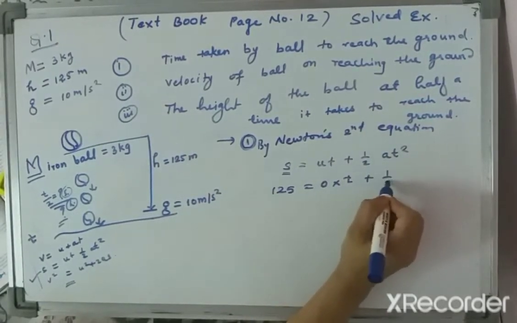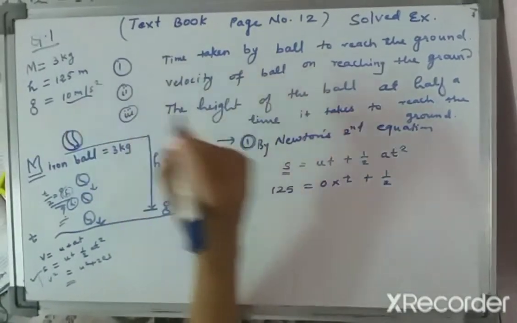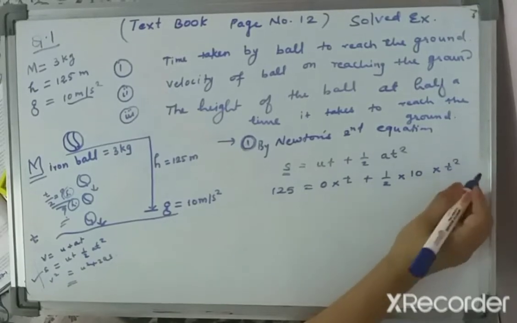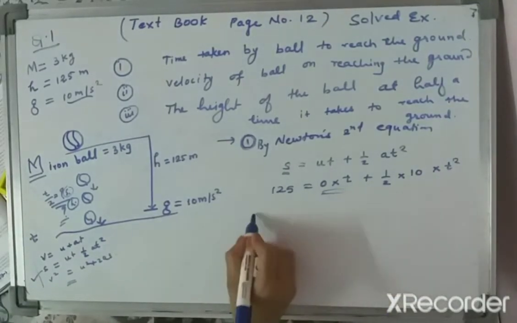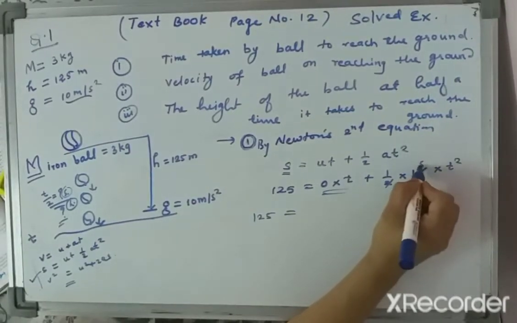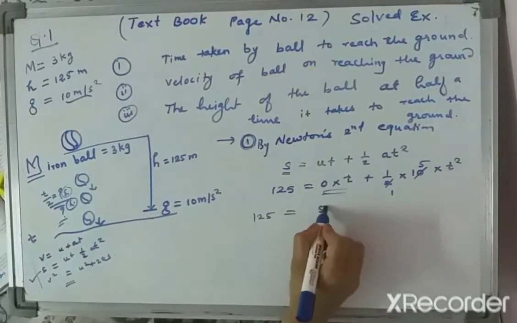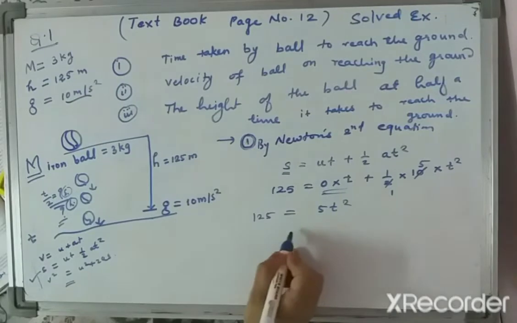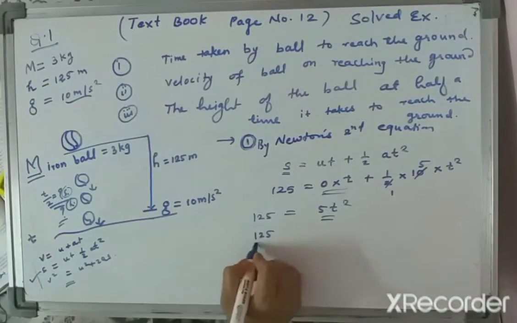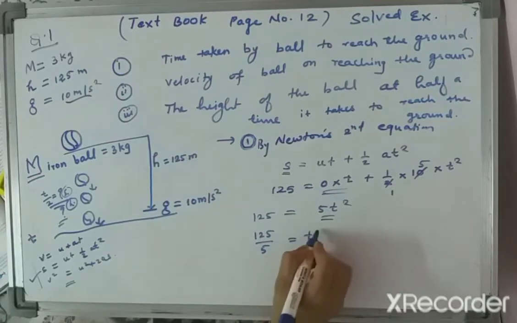Plus 1 upon 2, acceleration we take 10, multiplied by 10 and t square. t we have to find out. This will become 0. So 125 equal to 2 ones are 2, 2 fives are 10, so 5t square. We have to calculate the value of t. 5 we will transpose here. 125 divided by 5 equal to t square.